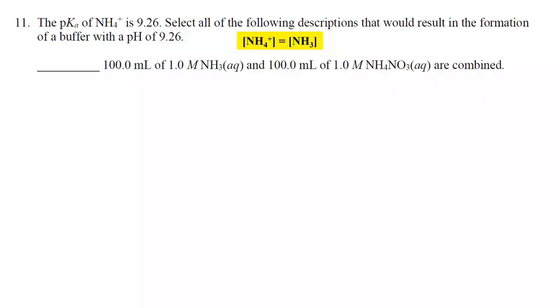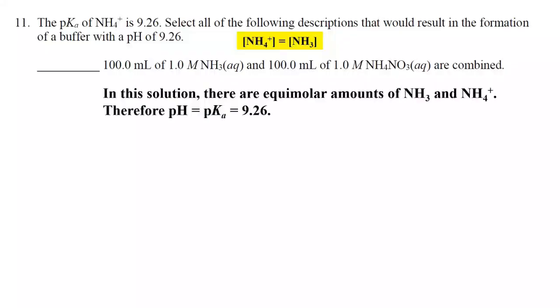So in the first solution, we have ammonia. In the second solution, we have a compound, ammonium nitrate, that contains the ammonium ion. Equal volumes, equal concentrations. So yes, in this solution, there would be equimolar amounts of both ammonia and ammonium, and so the pH would equal the pKa. This is the buffer solution that we're looking for.